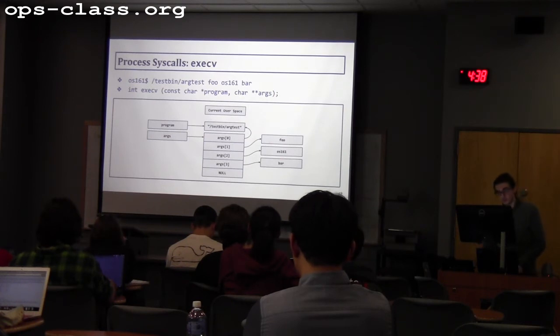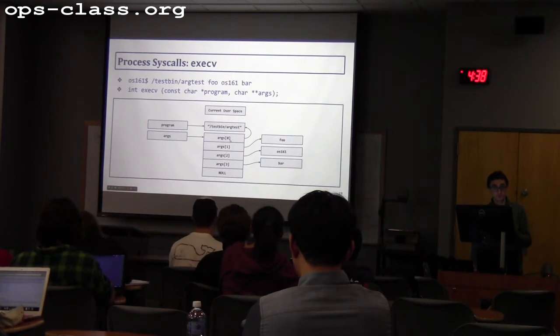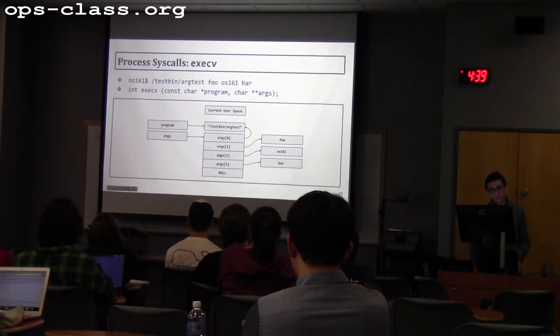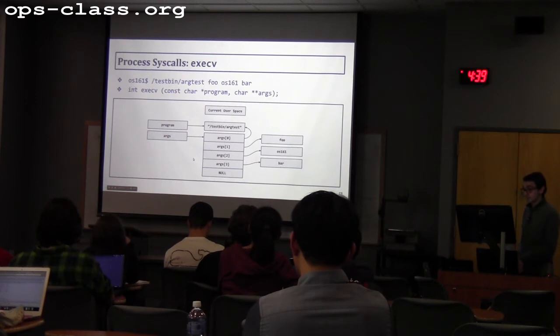As you can see, arg0 points to the program path or program name, index 1 points to the string foo, arg2 points to OS161, and arg3 points to bar. And then it should be null terminated.